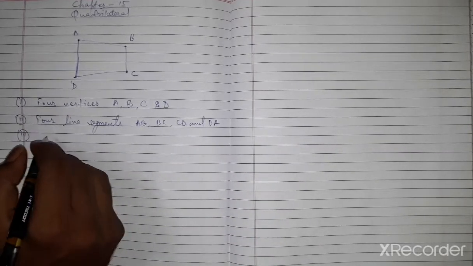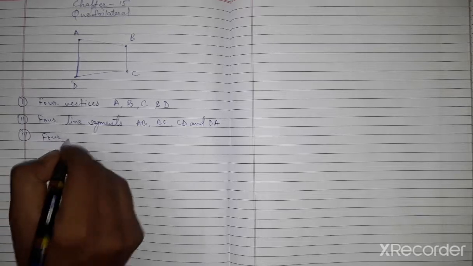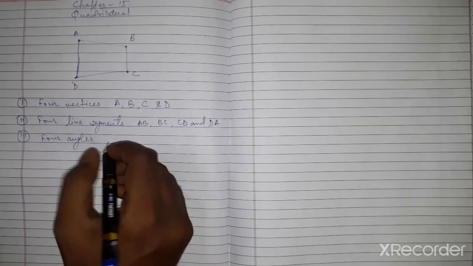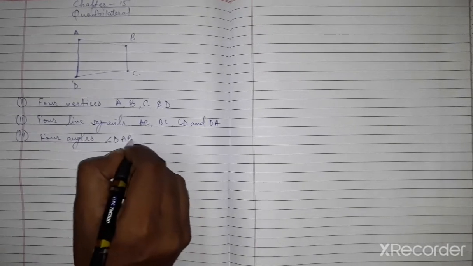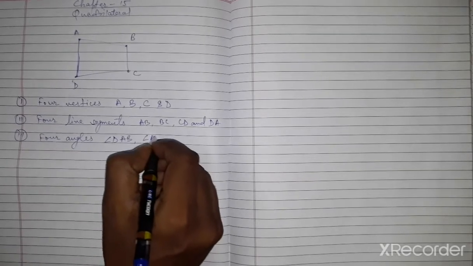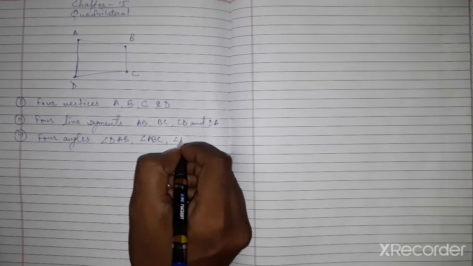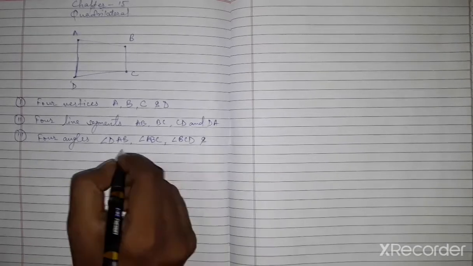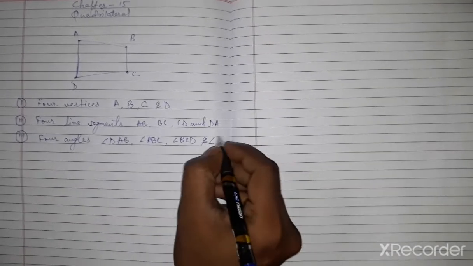Third, they have 4 angles, that is angle DAB, angle ABC, angle BCD and angle CDA.